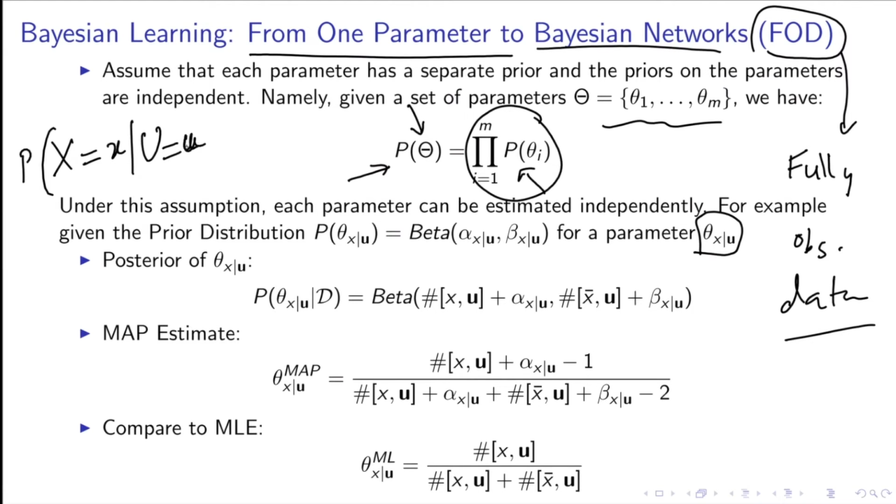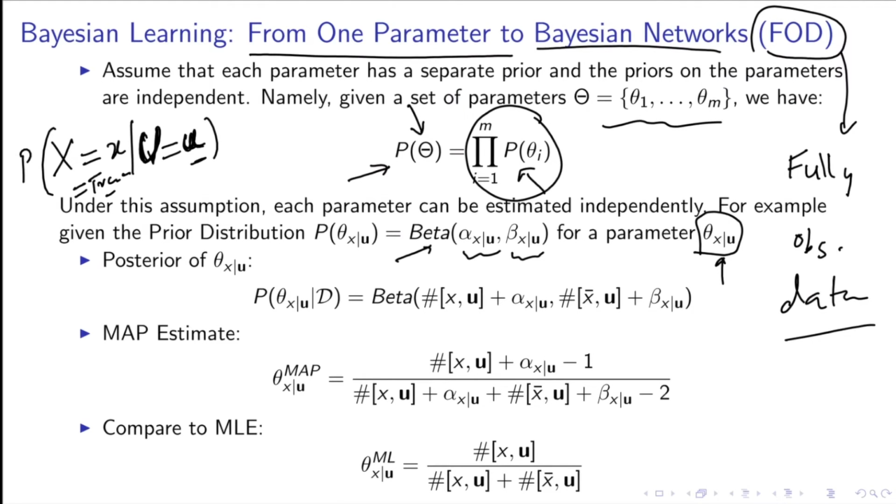So this bold u denotes the parents of x, and small bold u denotes an assignment to the parents of x. Let's assume that x equals x means that x is equal to true. Let's say that this parameter theta of x given u is associated with a prior distribution, which is beta of alpha of x given u and beta of x given u.